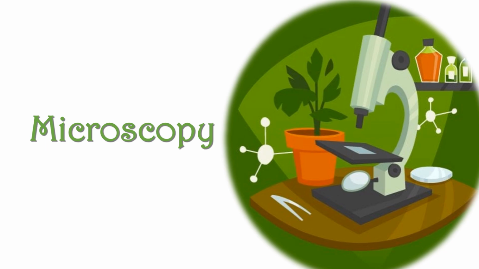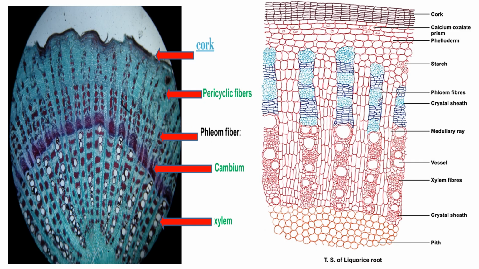Microscopy. This is a transverse section in the stolon of licorice, showing the following tissues, as we can see here in this TS diagram: the cork, and then the cortex layer, which we will discuss separately, but here is a brief overview.